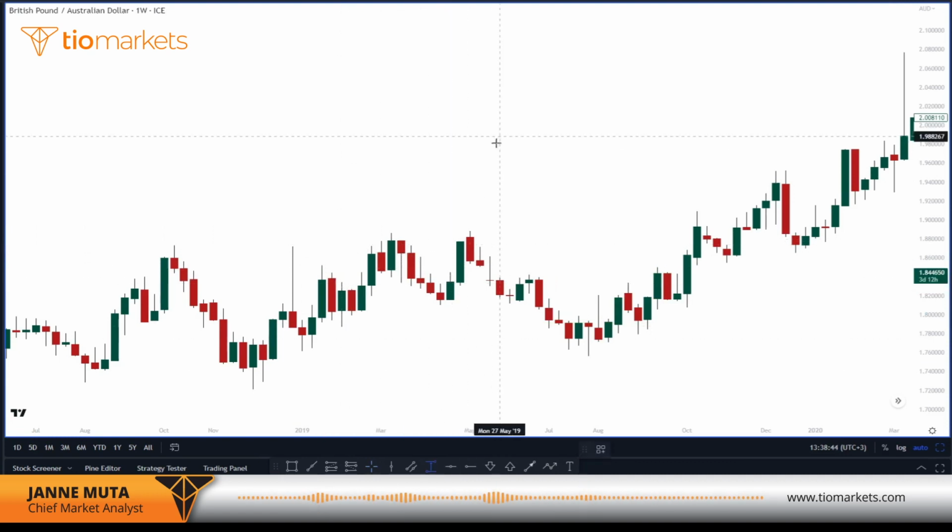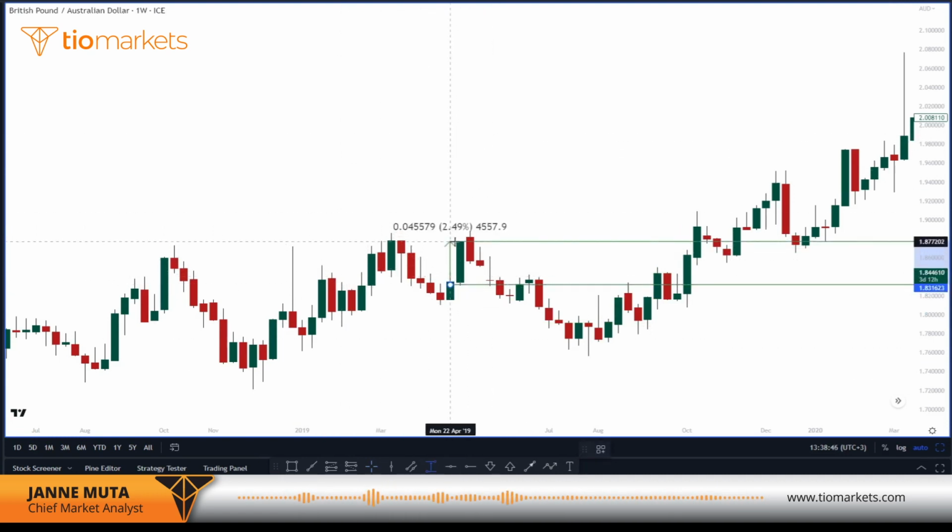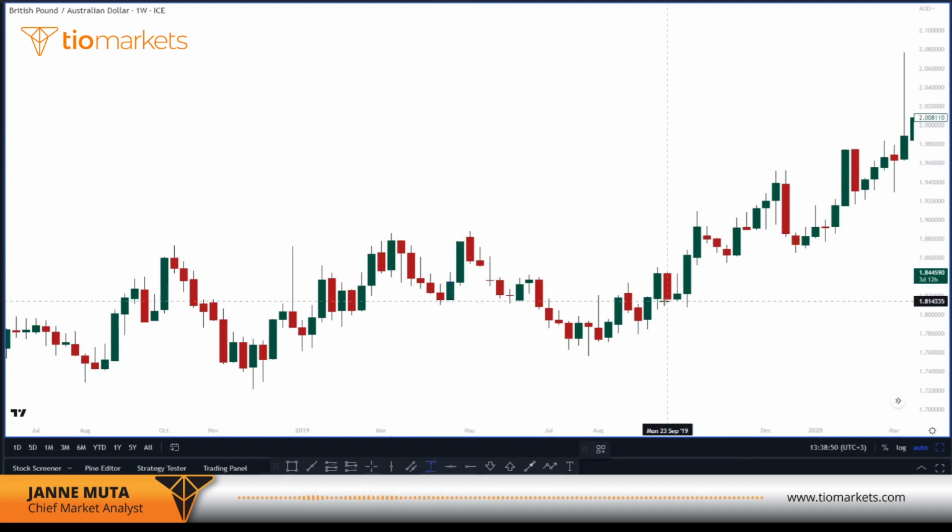Then there's another good one here. This was 455 pips. And then later on, here's a third one. This one was about 600 pips. So these are serious moves, and we need to find ways to capitalize on this market. And I'm going to show you some ideas.